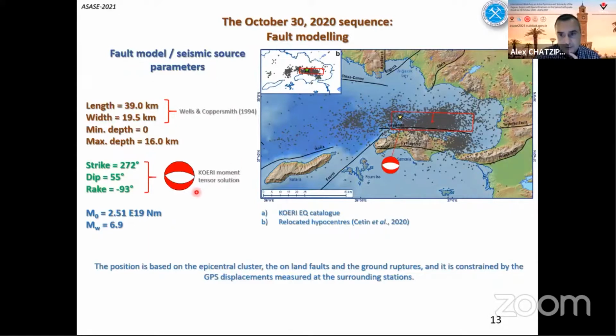So we propose that this is an almost east-west structure of about 40 kilometers long.